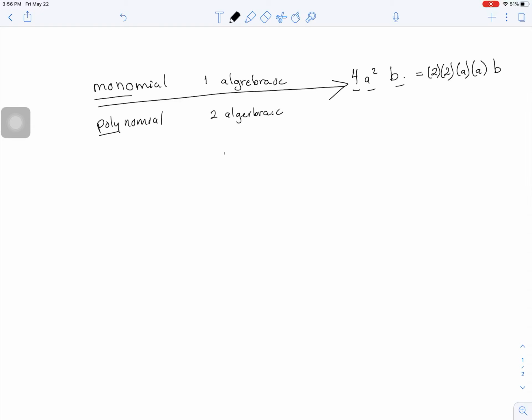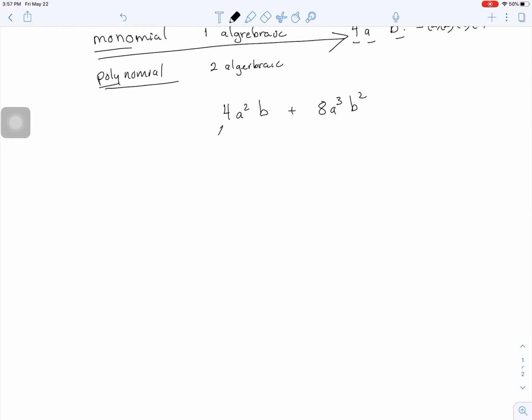We're going to grab those same ones and switch that 4a squared b to this. A3, B2, just to make it a little bit different. And now we're going to ask you to factor a polynomial.